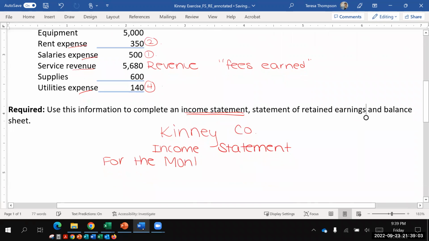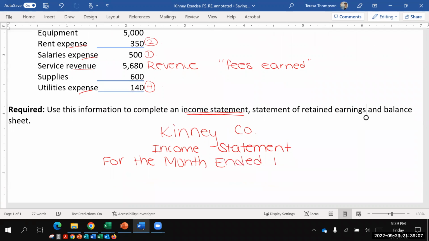So you can be even more specific and say for the month ended May 31st. If they don't give you the year, like they didn't here, you can always assume whatever your current year is, 2022, 2023, or you can just put 2 X's as kind of a safe catch-all. Okay, if you put period instead of month, I would accept that as well. It's kind of a catch-all.